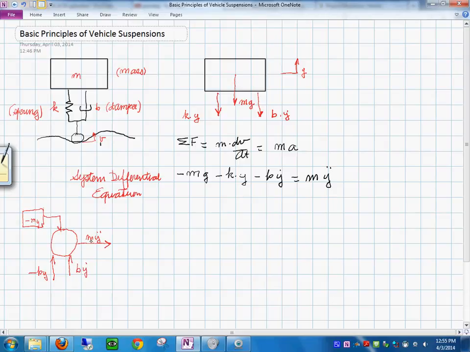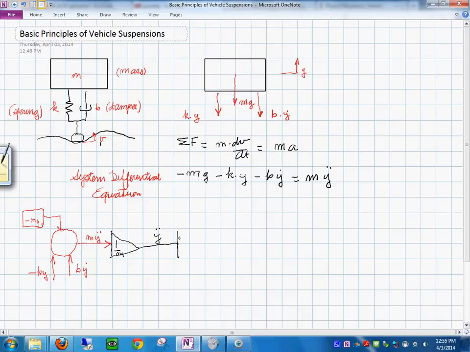So this is the basic translation of the summation of the terms into this little picture. If you continue in here and apply the operator 1 over m, what is left is again y double dot.